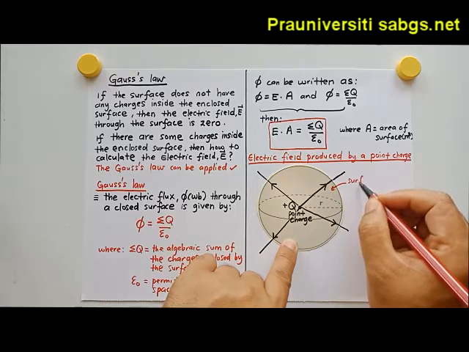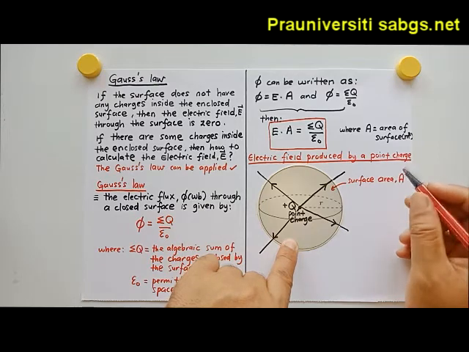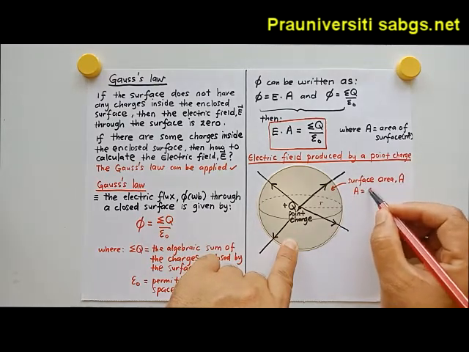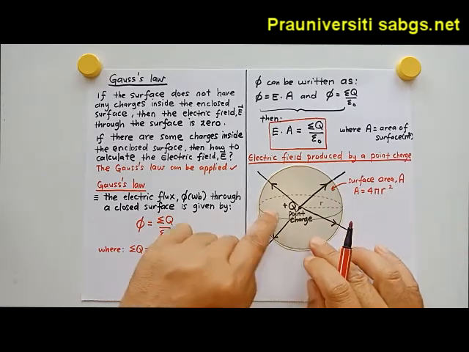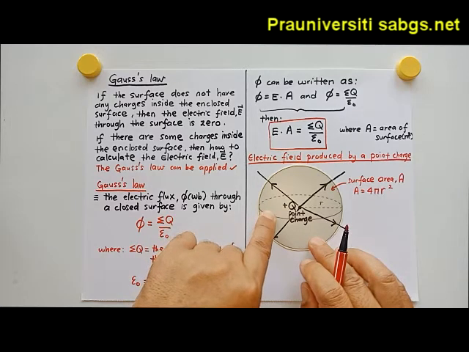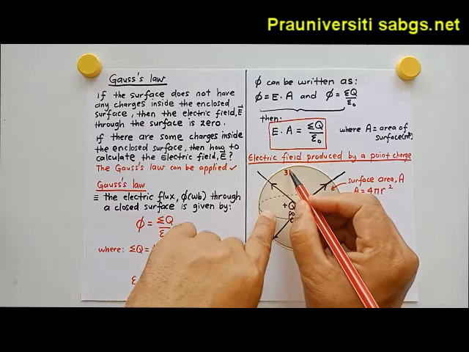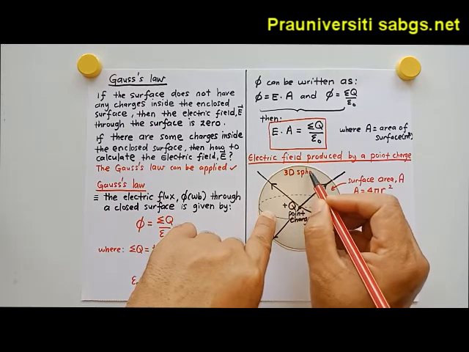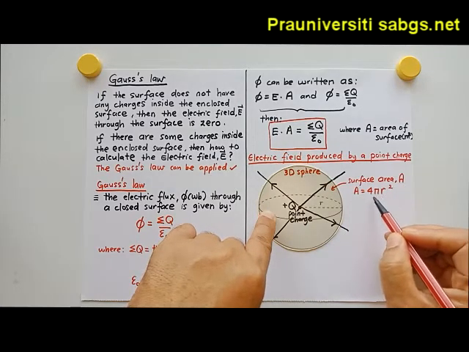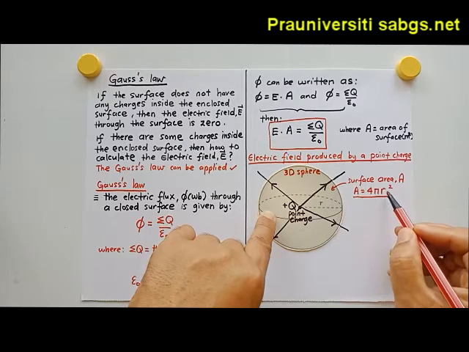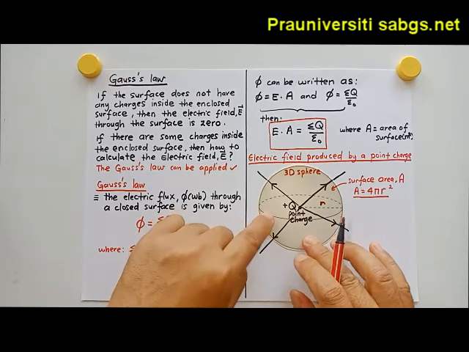This one is the surface area A, and A is equal to 4 pi r squared. Before we continue, I just note here it is a 3D sphere, and this one is the area of the 3D sphere, so A equals 4 pi r to the power of 2. The r is the radius here. Then we continue.